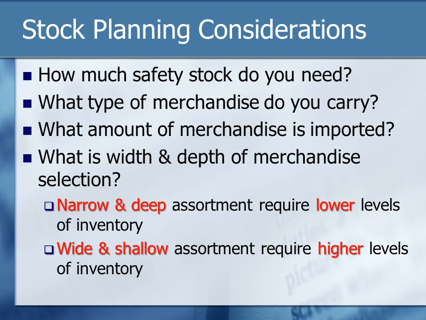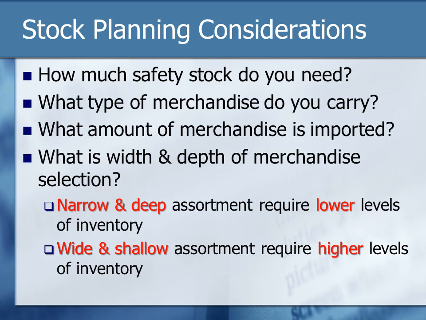Because when a consumer wants to buy the style, the color, the size, since you're going with deep assortment, you have enough units to cover the demand. And if you see that SKU, that style, that color, that size is going really, really well, then you have enough time to reorder for replenishment, right? So you don't have to carry really high safety stock.